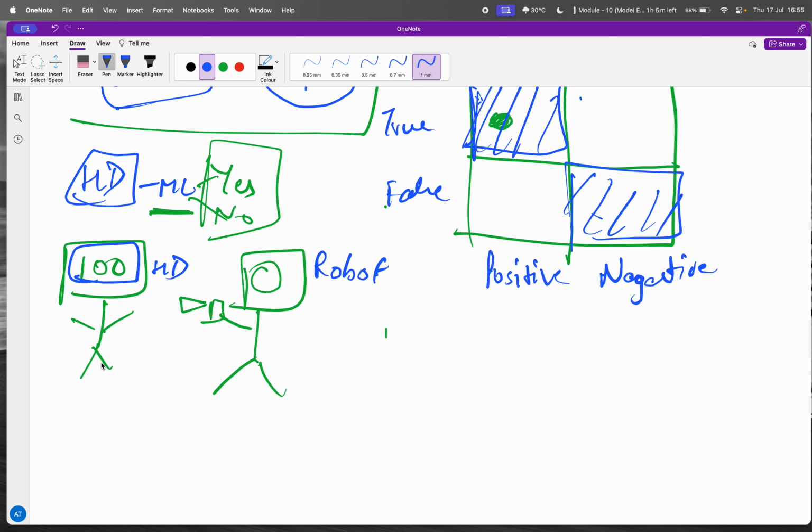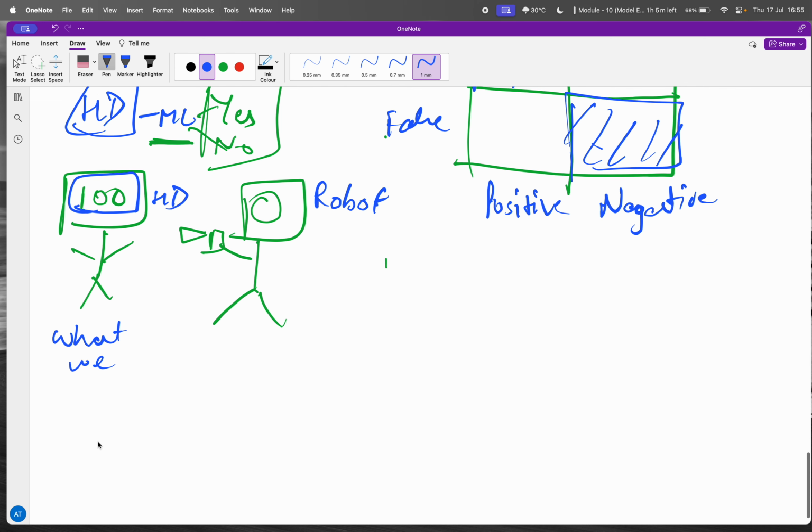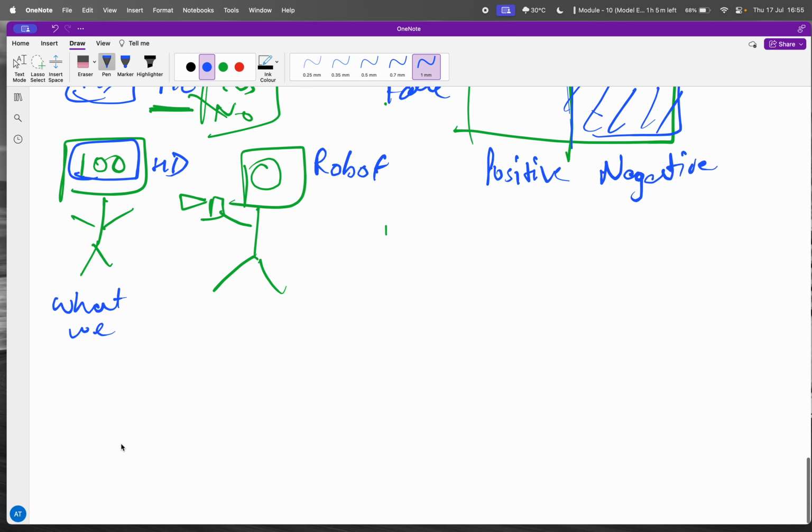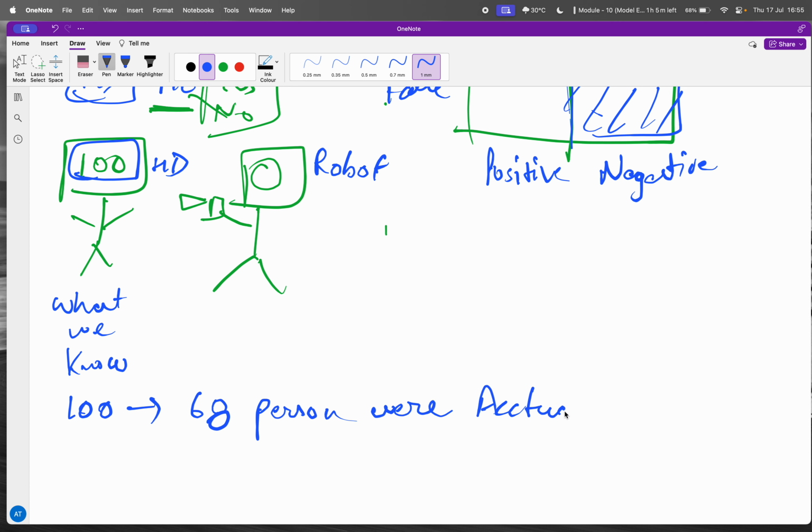So out of 100, here we will go for precision, recall and everything. What we know about these 100 patients is that, let's say, 68% were actually heart disease patients, and 32% were not.